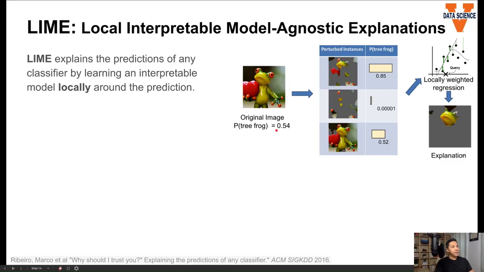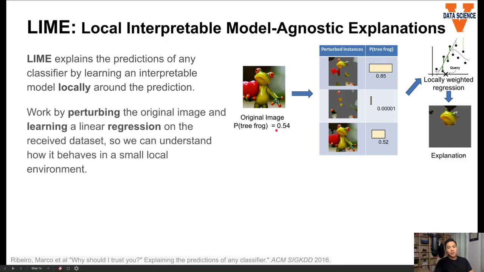And what it's going to do now is try to perturb this input image, maybe break it into multiple parts, right? So this image can be broken into multiple chunks. And it makes a perturbed instance of this image by blocking out certain chunks while displaying the others.